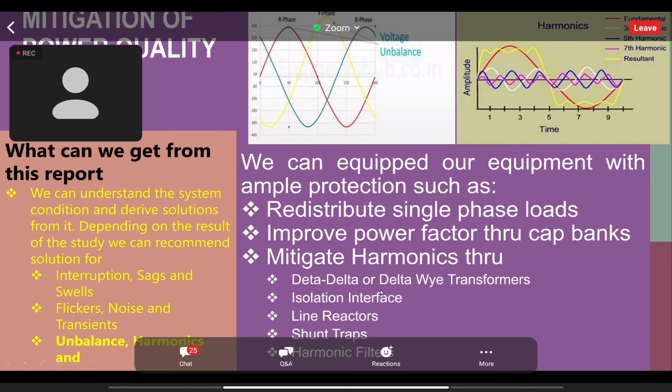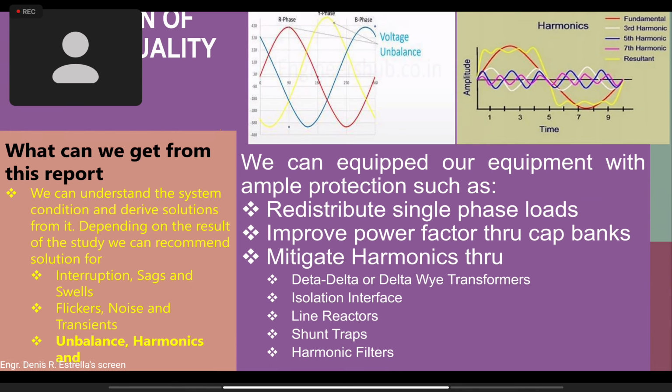Then, if we have the information about the harmonics, we can treat the harmonic contents by system. Kasi alam natin yung prevalent harmonic sa system natin using our power quality analyzer. So, we can treat them using a delta-delta transformer or the delta-Y transformer, or we can use an isolation interface, or we can use line reactors depende sa condition ng harmonics natin, or you can have shunt traps or harmonic filters.